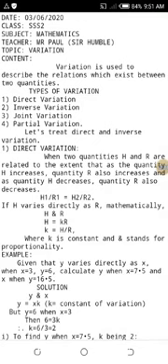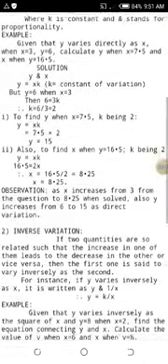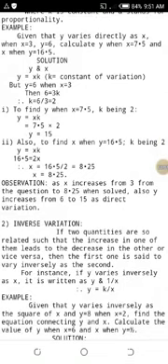Now, example 1. They say given that y varies directly as x, when x is 3, y is 6, calculate y when x equals 7.5 and x when y equals 16.5. Solution: y varies directly as x.